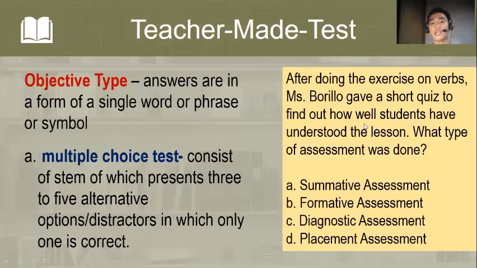So she gave a quiz after the lesson. Is this an example of summative, formative, diagnostic, or placement? The correct answer here is formative. And take note, the correct answer for a multiple choice type of test is also known as the keyed option.